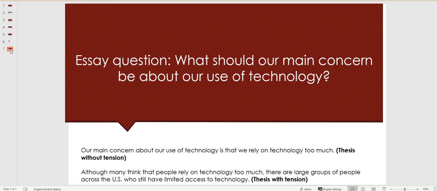So that would add something specific to it. So I could rewrite that top sentence to say, our main concern about our use of technology is that we rely on technology too much, and it has even impacted our attention spans. So that means that most of my essay is going to be focused on that part of the topic, that it has impacted our attention spans.